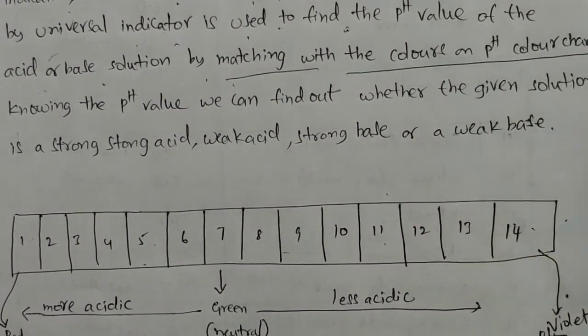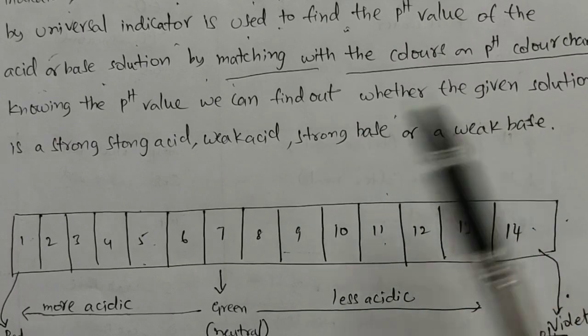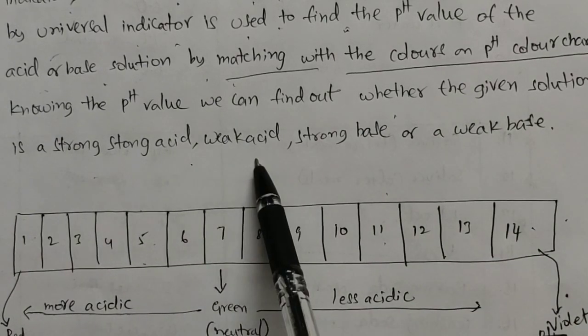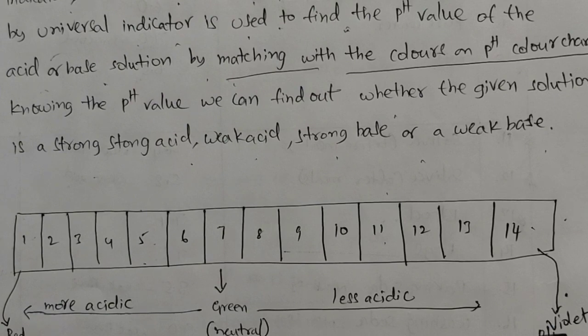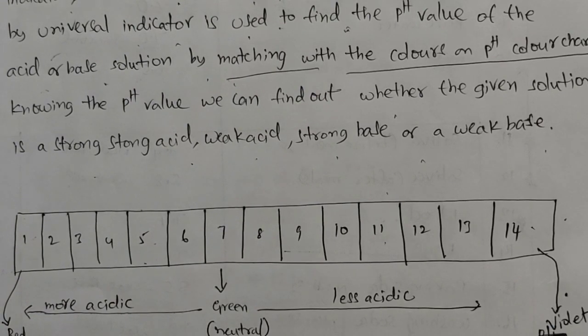So knowing the pH value, we can find out whether a given solution is a strong acid or weak acid, strong base or weak base. Say for example, the universal pH paper has shown a pH of 5. What does it mean? So the sample is a weak acid, right? If it shows green color, then what is the nature of the solution?